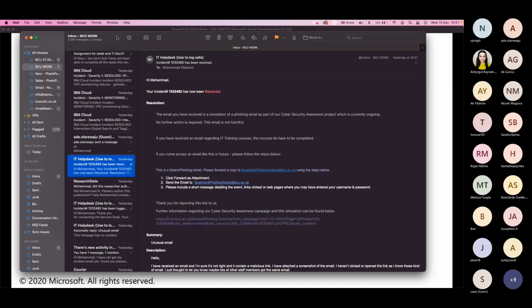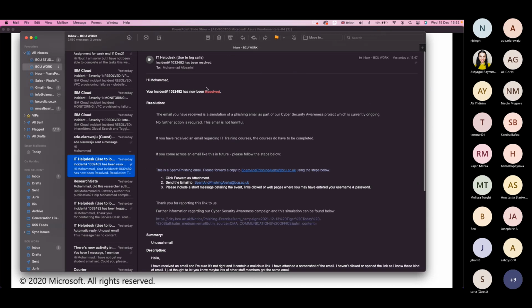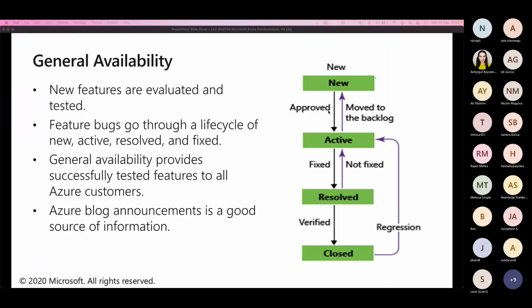Here, for example, I got a suspicious email, and it shows me that my email is being resolved. So according to the graph here, I'm on this stage, and then they close the issue. So it's a very simple process.